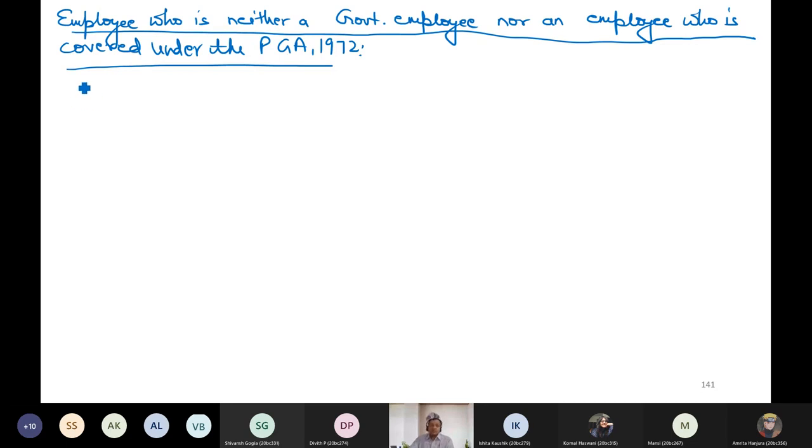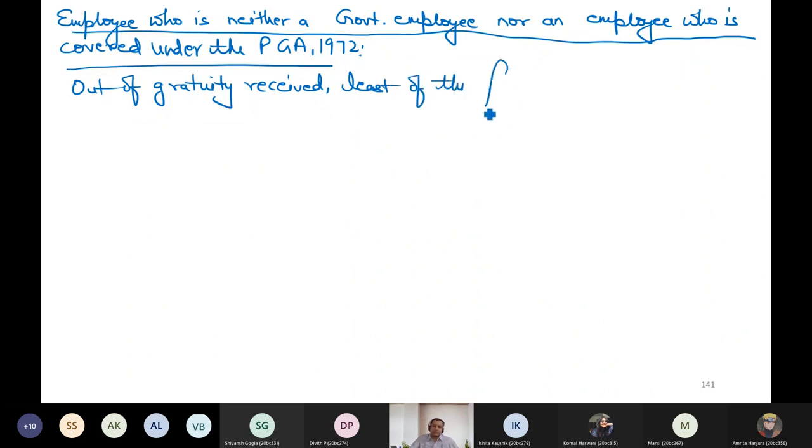So here also 3 points. Out of gratuity received, least of the following is exempt. Here also 3 points, but concept will change. First point, rather than 15 days salary, now I am using the word half month salary.